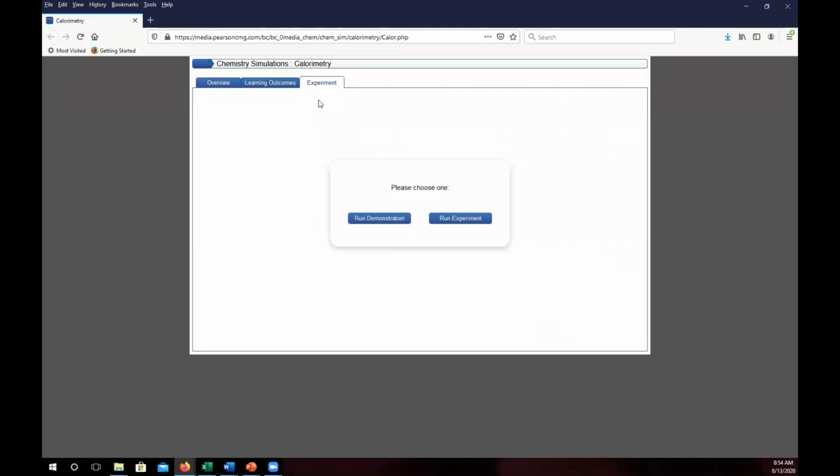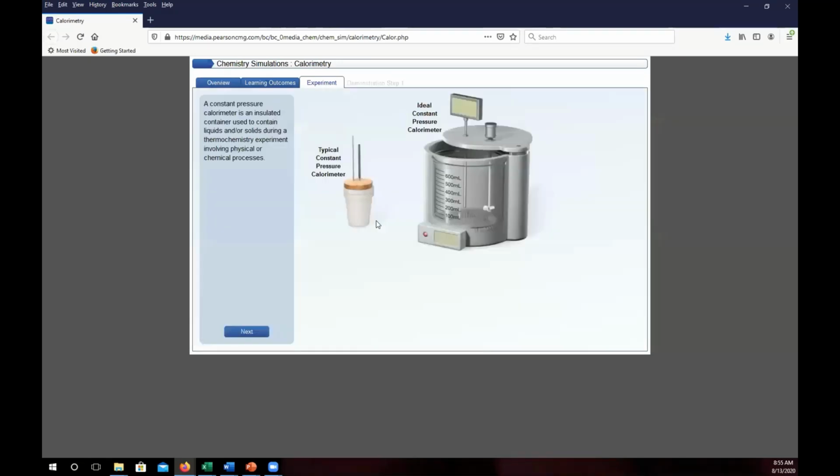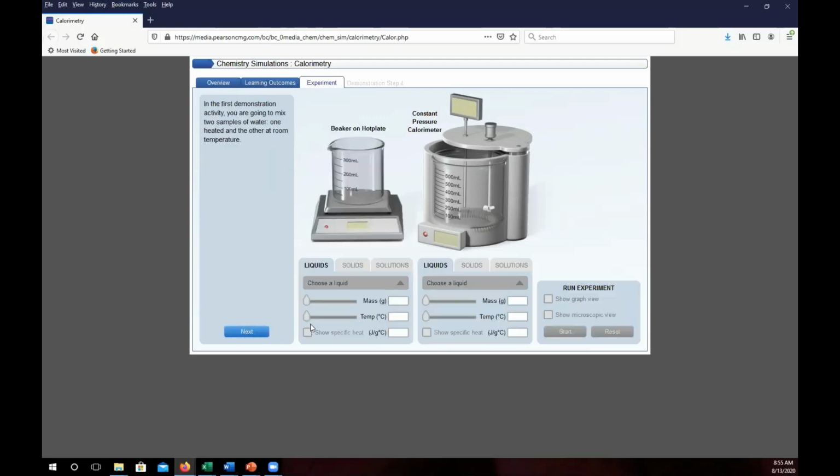Under the Experiment tab, there are 2 choices: Run Demonstration or Run Experiment. The first part of the experiment is utilizing this demonstration. You'll be walked through different steps in how to utilize this simulation, selecting different components and mixing them together to measure the temperature increase.